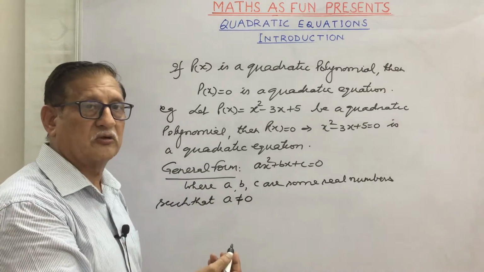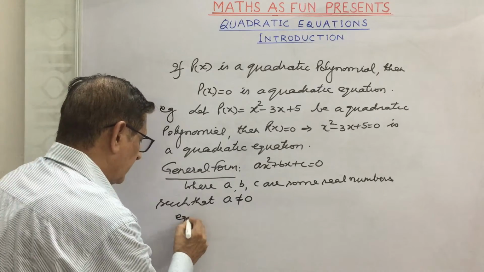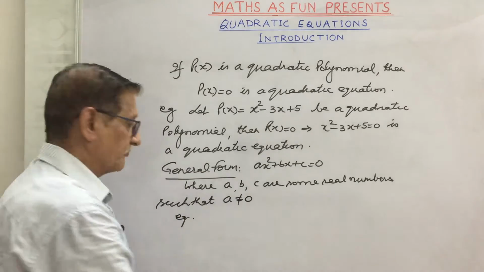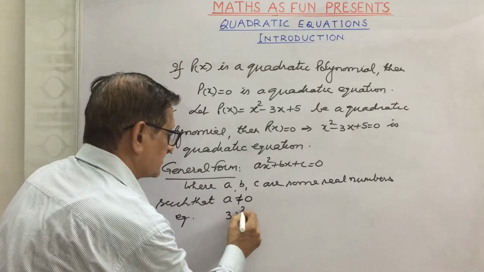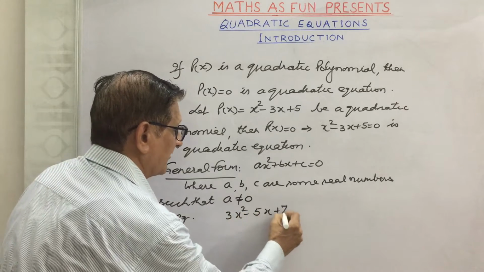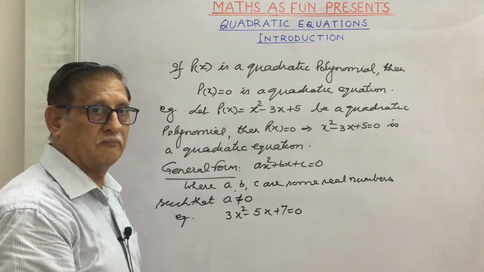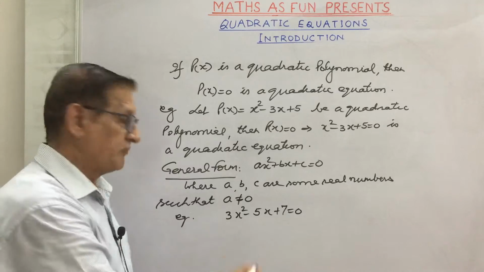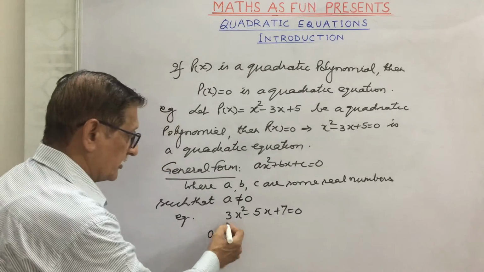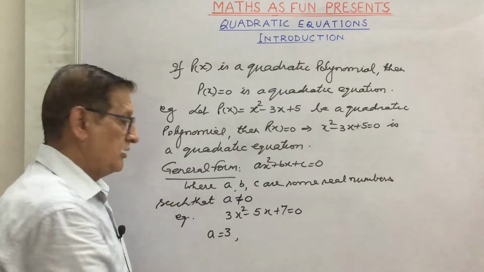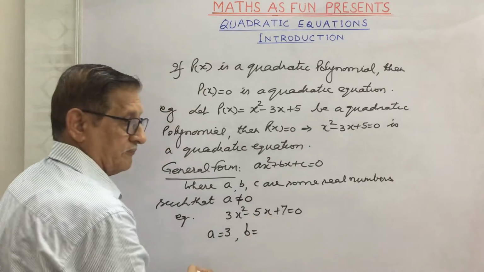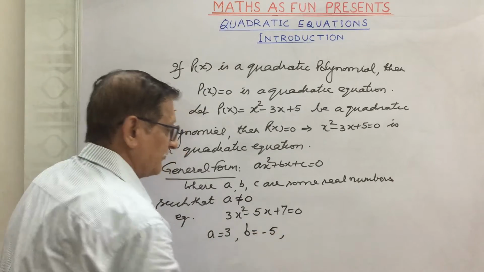Now how to find out the coefficients? Suppose you are given a quadratic equation, that is 3x² - 5x + 7 = 0. Then what are a, b, c? a is the coefficient of x², that is 3 here. b is the coefficient of x, that is -5 here.